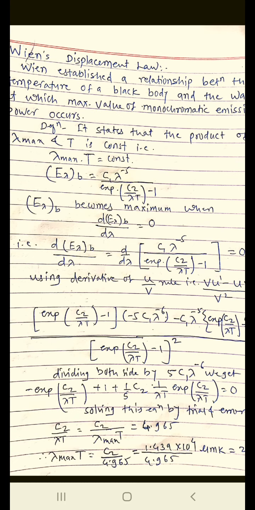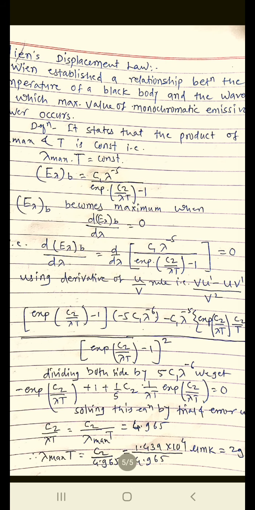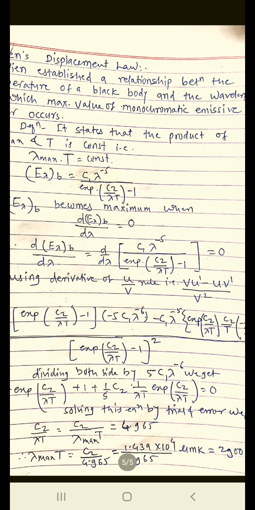dE lambda by d lambda is equal to d by d lambda of C1 lambda raised to minus 5 upon exponential C2 upon lambda T minus 1. Using the derivative principle, the u upon v rule, v into u dash minus u into v dash upon v square.